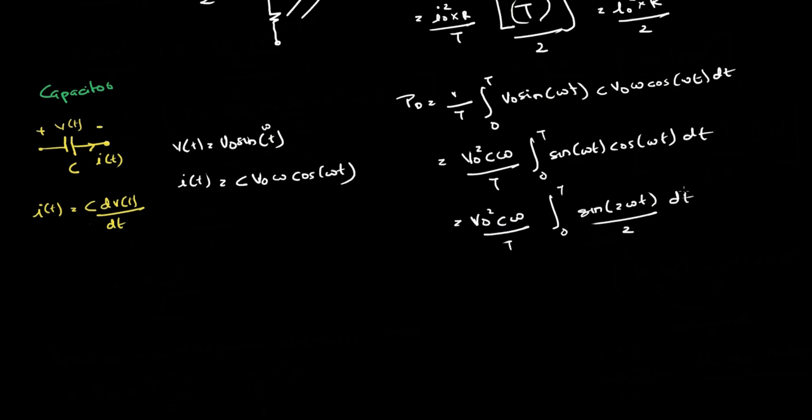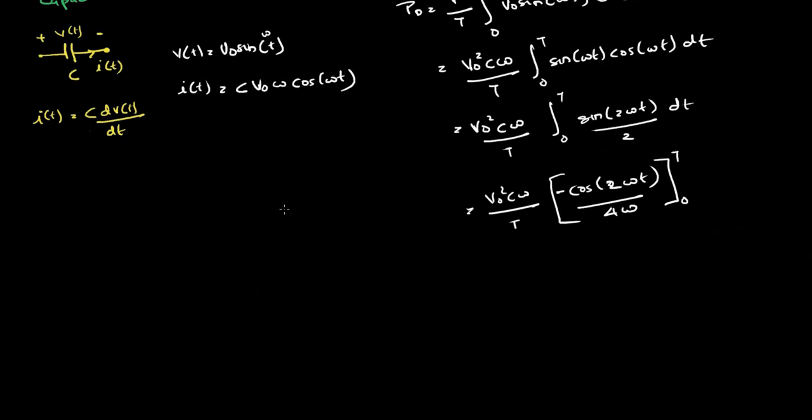Now if you integrate, you will get V0 squared C omega by T times minus cos of 2 omega t by 4 omega from 0 to T. So this will become V0 squared C omega by T times minus cos of 2 into 2 pi by T into T, minus, when you substitute 0, it will become cos 0.